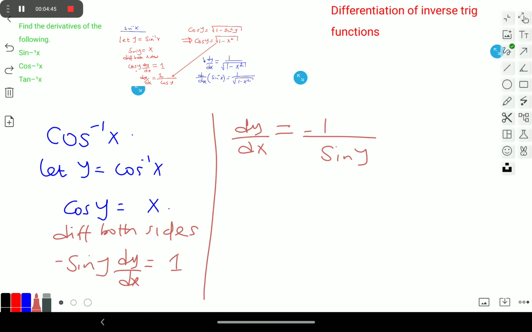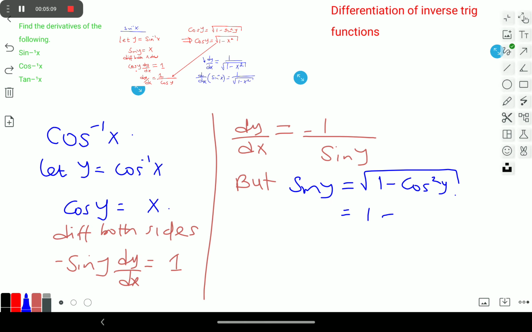We have a property that we used in the previous question, that sine y can be written in the form of the square root of 1 minus cos squared y, and from here we have it as 1 minus x squared.